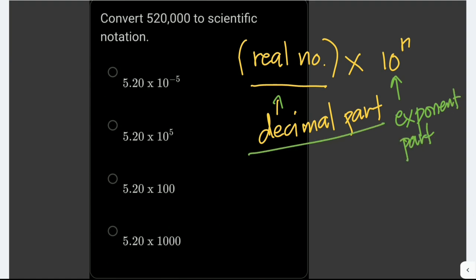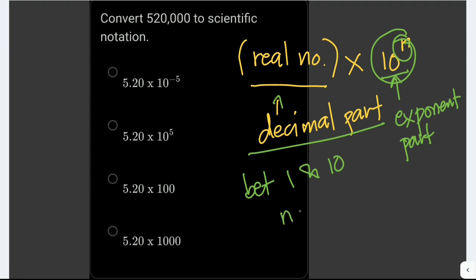Now the decimal part must be a real number between 1 and 10, excluding 10. The decimal point is placed after the first digit, while the exponent part, which is 10 to the power of n, uses a base 10 raised to a power. The power n here is the number of places the decimal point was moved from its initial position to its new position when written in scientific notation.